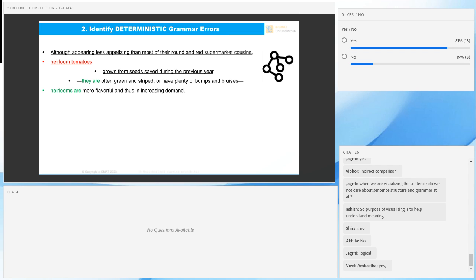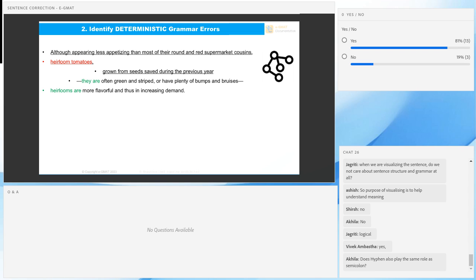Is the modifier placed appropriately? Is the modifier logical? Are there parallel lists? So, again, those deterministic errors, you go through the checklist that you have, right? And that is what we teach in our application files. Okay, so that you wire your brain to think about the grammar errors in terms of that checklist.